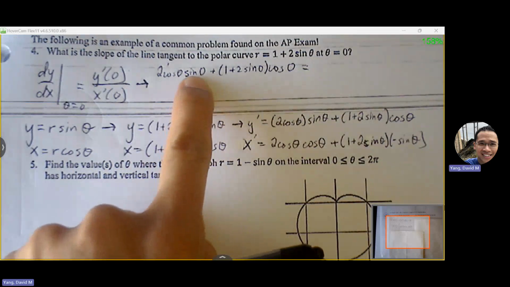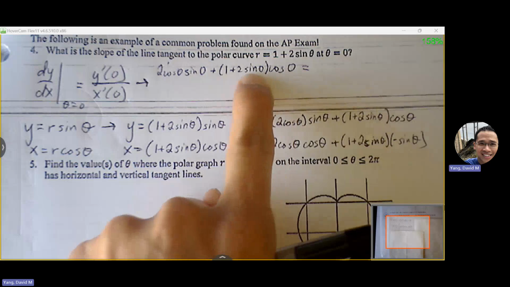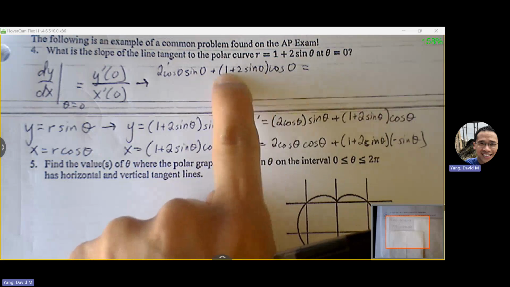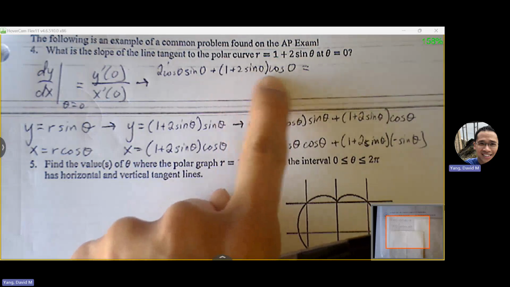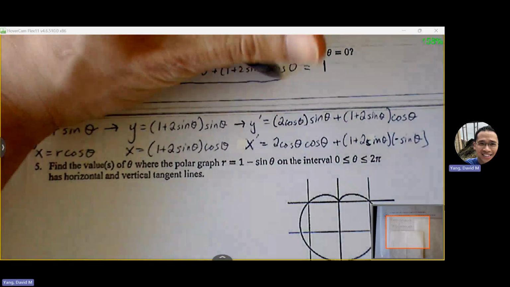Sine of 0 is 0, so that's going to wipe out this. Cosine of 0 is 1. 2 sine of 0 is 0. 1 plus 0 is 1. 1 times 1 is 1. So I should get 1 in the numerator here in my denominator.